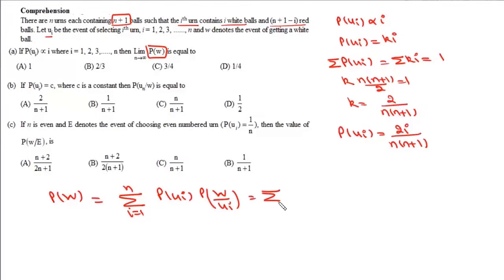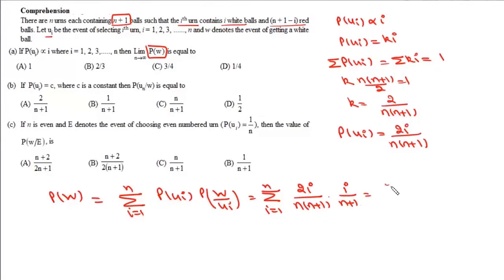Now P(Ui) is 2i upon n into n plus 1. Now from this ith urn, the probability of choosing a white ball is i upon n plus 1.